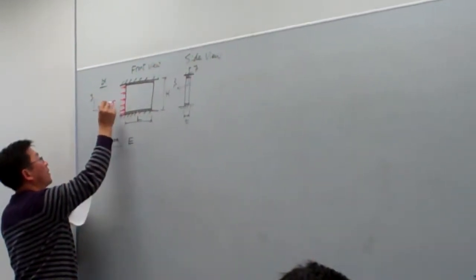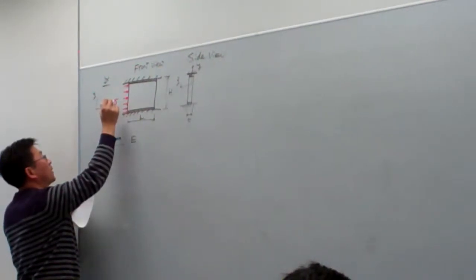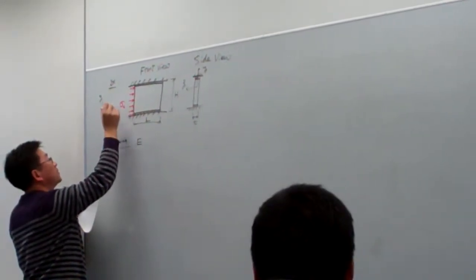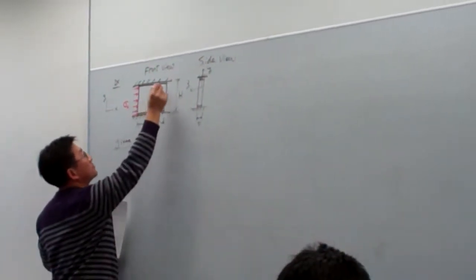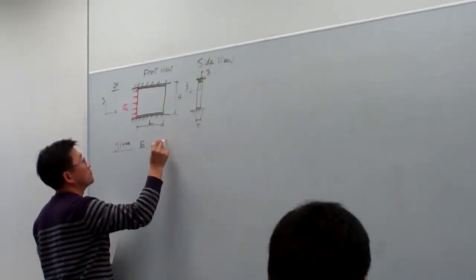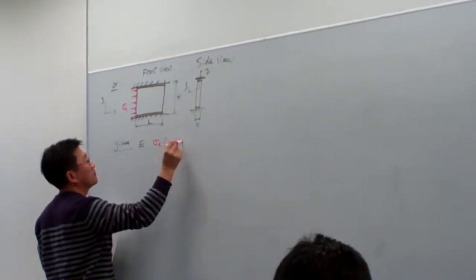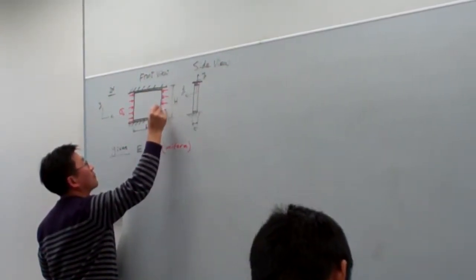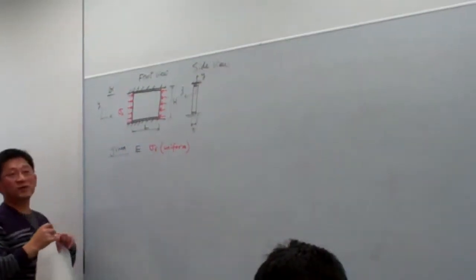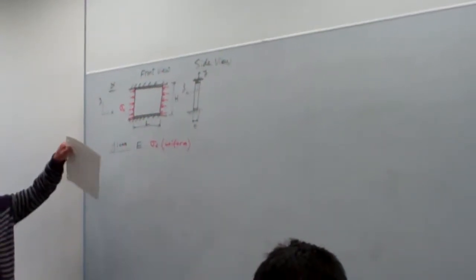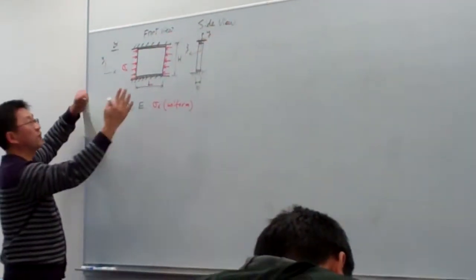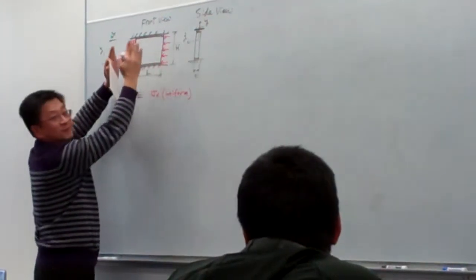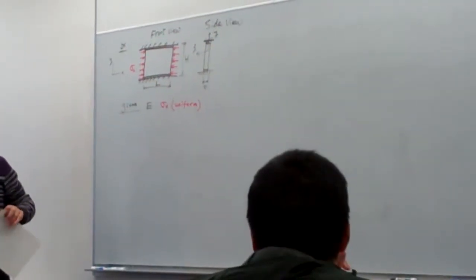This is called sigma x. So simply, once we snap in this material, we try to squeeze this material from the two ends.